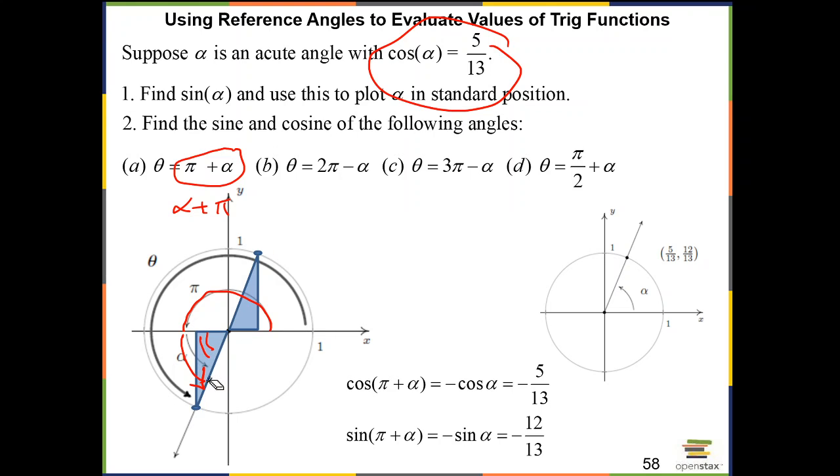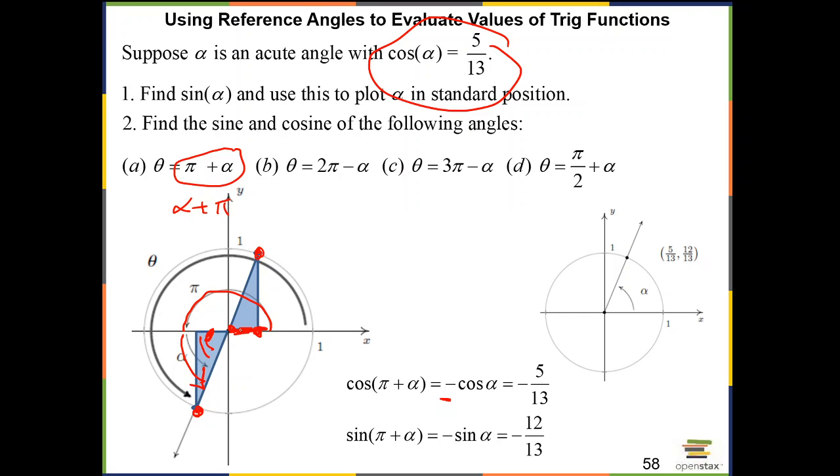And as you see in this setup, when you reflect it over the origin over here, you can easily see that the cosine of this is negative cosine. Cosine of the angle over here, which is pi plus alpha, is actually negative cosine of alpha, which is from here to here.